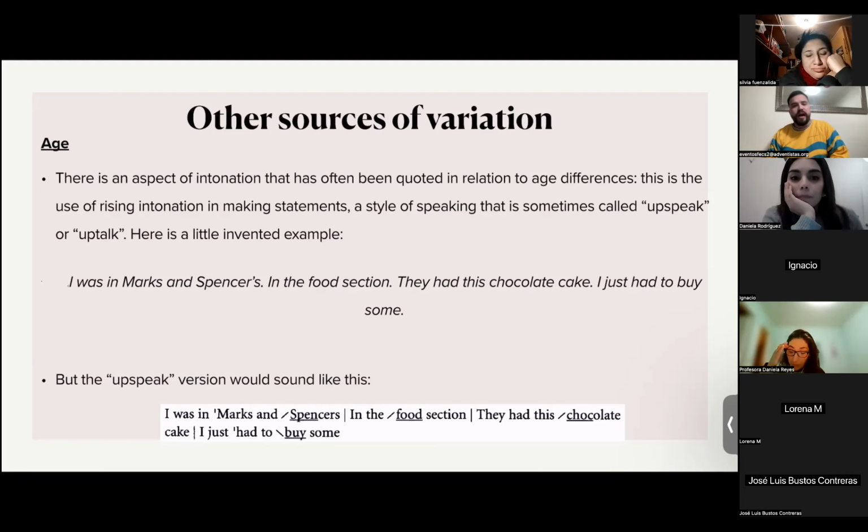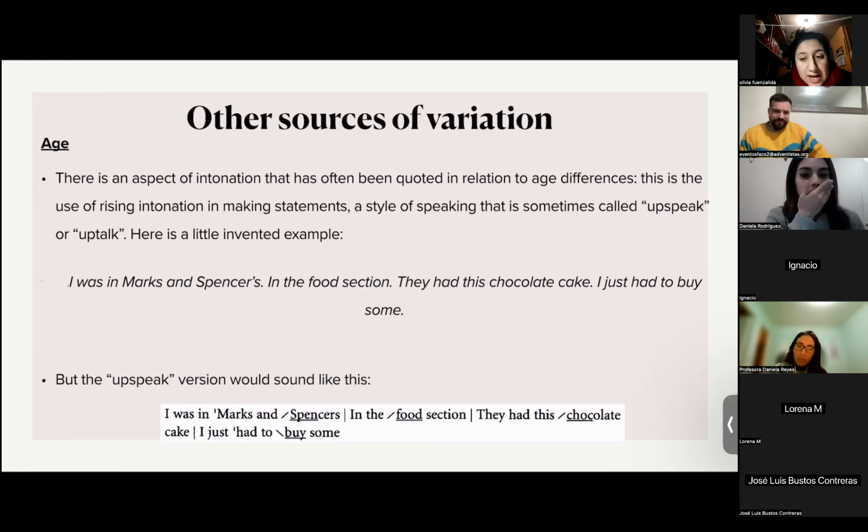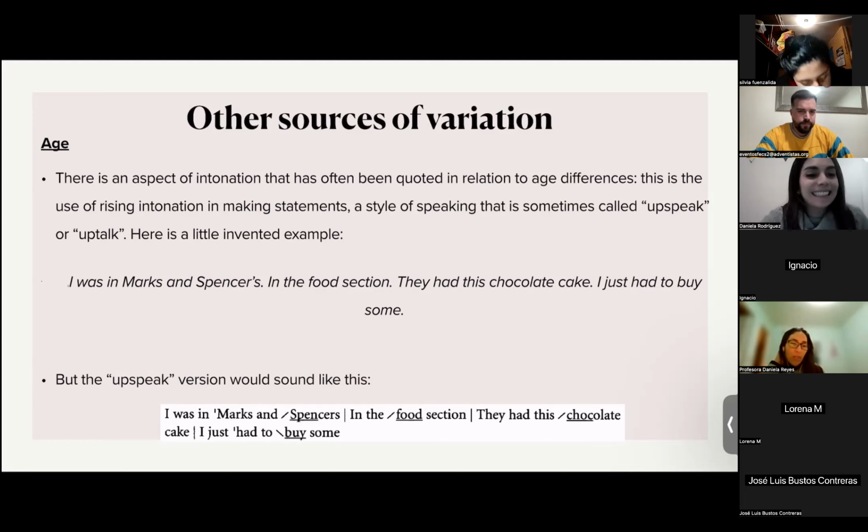Okay, Sylvia, give it a try with the upspeak. I was in Marks and Spencer's in the food section. They had this chocolate cake. I just had to buy some. All right, Danny Rodriguez. In Marks and Spencer's in the food section, they had this chocolate cake. I just had to buy some. Yes. Reyes.